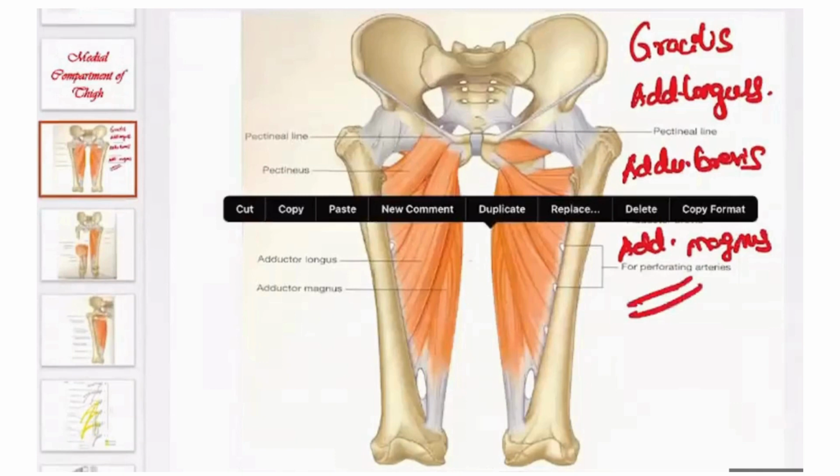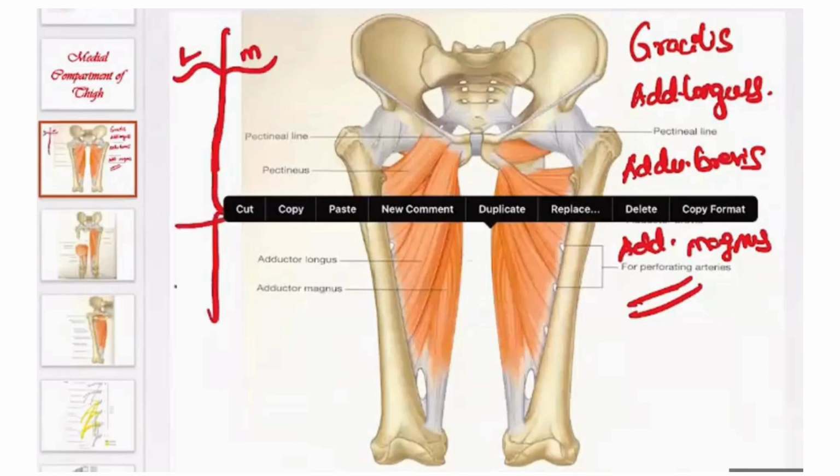I said femoral artery, am I right? Which gives off the medial circumflex and lateral circumflex. This is medial circumflex. This is lateral circumflex. This femoral artery, before continuing as the popliteal artery, pierces the adductor magnus. Can you see this? There are some openings here, right?